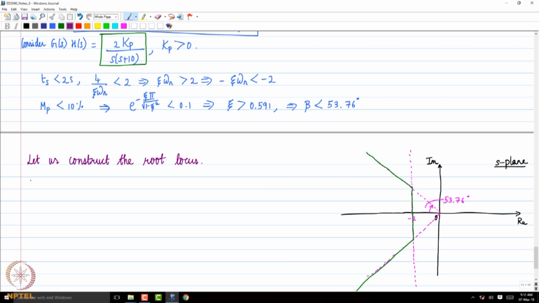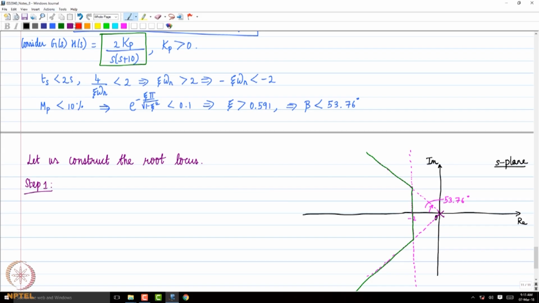Okay, so step 1, what is the first step? You locate the open loop poles and open loop zeros in the S plane, right? So where are the open loop poles? There is one open loop pole at the origin, and let us say this is minus 10, but let me extend it a little bit.